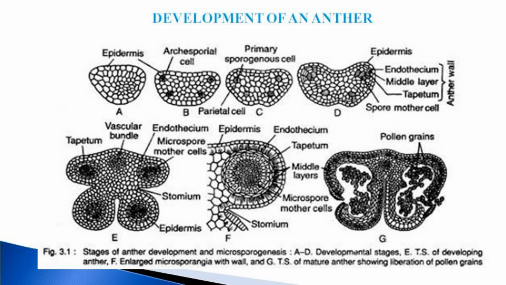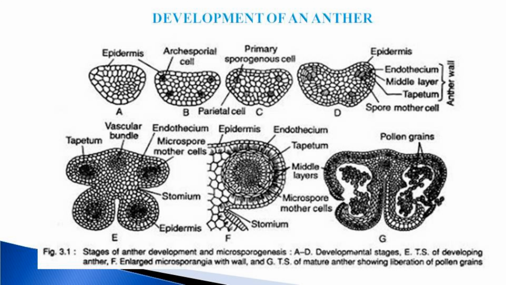Then the primary parietal cells which are dividing towards the epidermis will divide periclinally and also anticlinal divisions. They will undergo periclinal and anticlinal divisions, and they will form the wall of the anther.